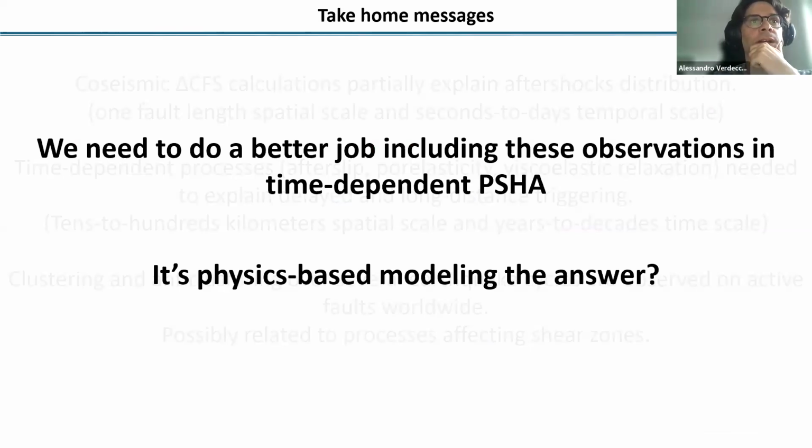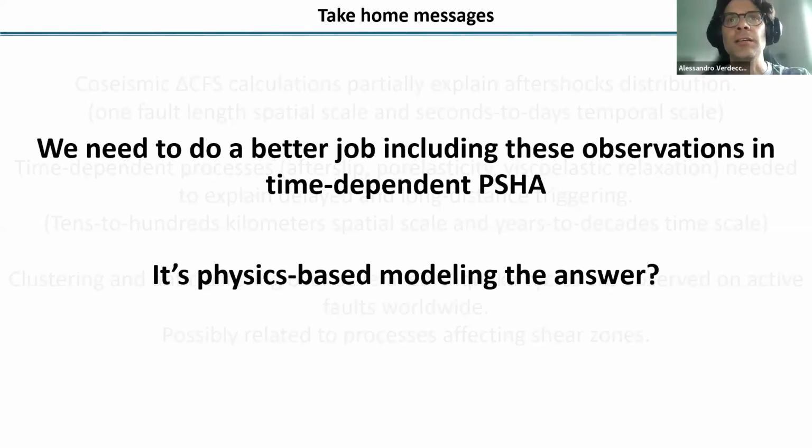So some take-home messages. We've seen that interaction among earthquakes happens at different temporal scales, but in terms of clusters, so earthquakes interacting and a lot of earthquakes happening in a very short time, but also not so many earthquakes happening in even longer times.